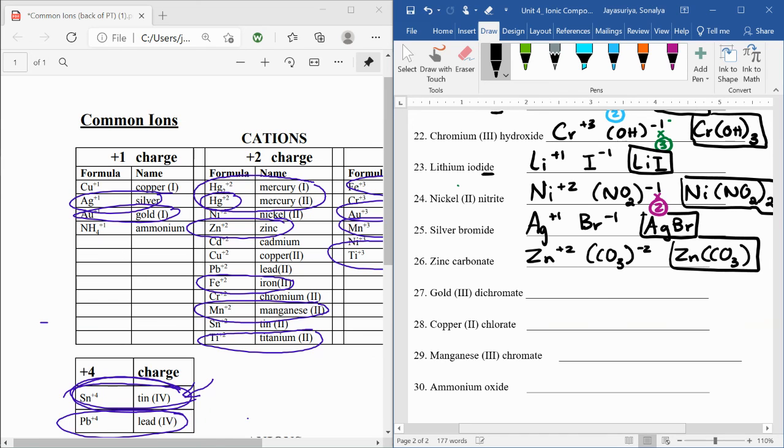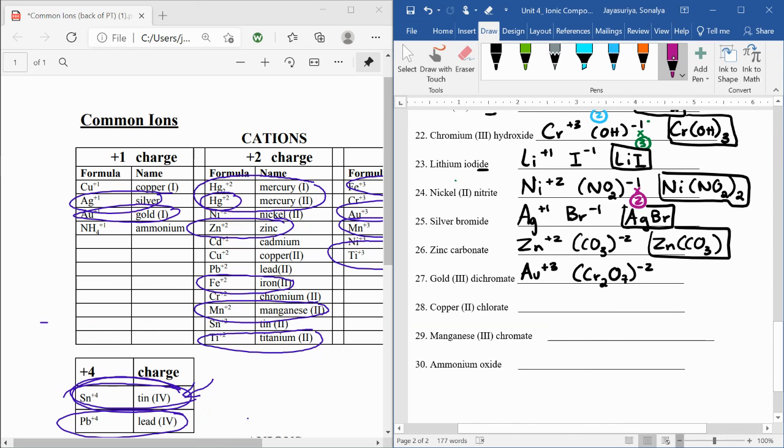That's it. Okay. Gold 3 dichromate. Gold is Au. Gold 3 is plus 3. Then dichromate is Cr2O7 with a minus 2 charge. We have our 3 and 2 pattern again. So 3 times 2 and then 2 times 3 to get a plus 6 and a minus 6.